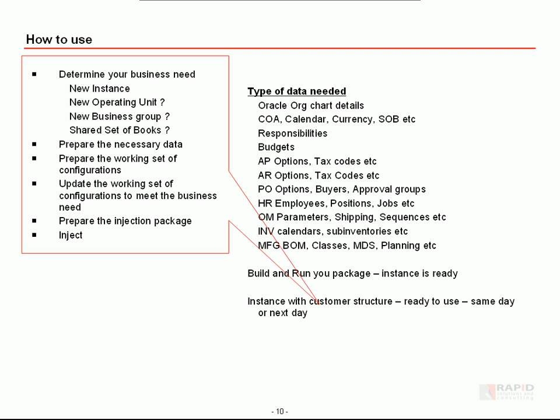So once you've determined that, then obviously you need to prepare the necessary data. And the types of data that you need are listed there on the right-hand side of the screen. Of course, this data is going to encompass all of the modules that you're going to want to set up a new instance or a new operating unit for.